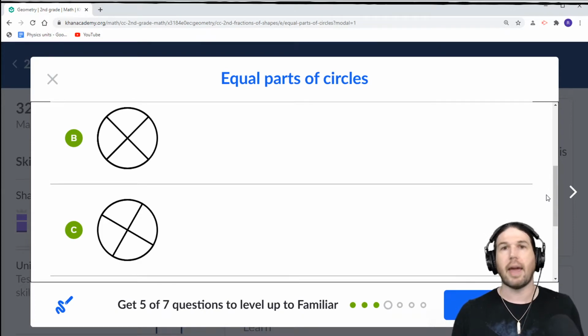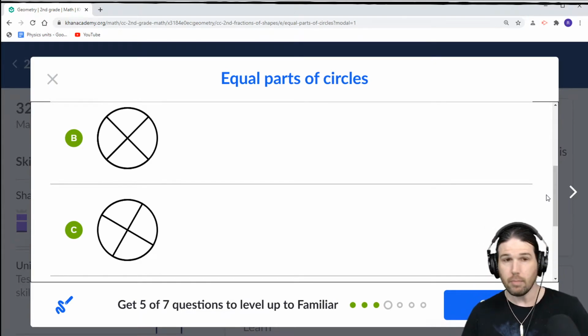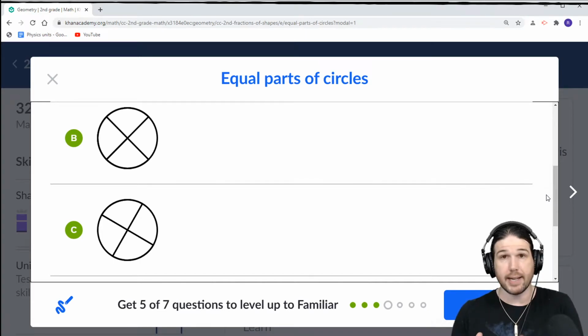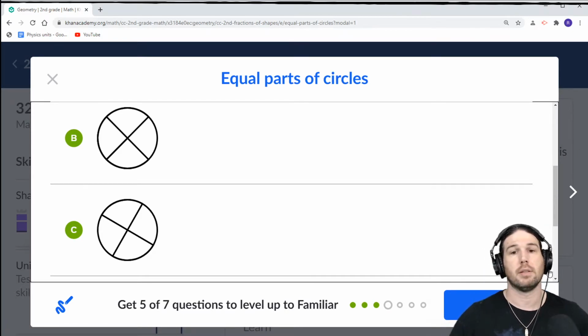But they're not. A fourth just means cut it in 4 pieces, 4 equal pieces, and take 1 of them. 3/4 would be cut it into 4 equal pieces and take 3 of them. 19/4 would be take a bunch of cakes and cut them each into 4 pieces and take 19 of those pieces. That's all there is to fractions.